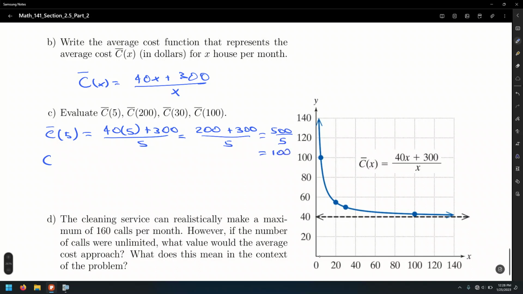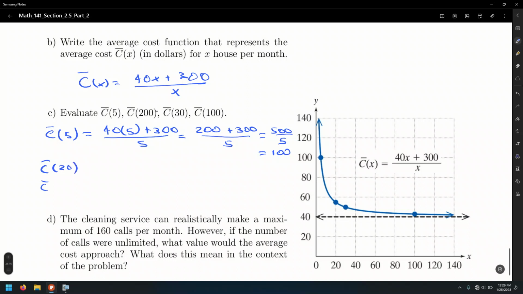When X equals 5, we get the Y value of 100. So that'll be the average cost of having 5 phone calls. All right, so for C bar of 20, C bar of 30. Oh, it's actually just 20, not 200.